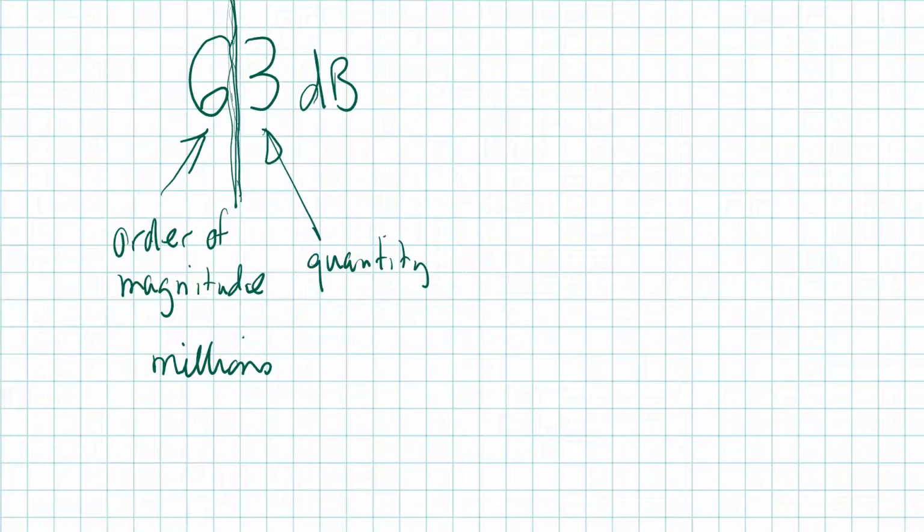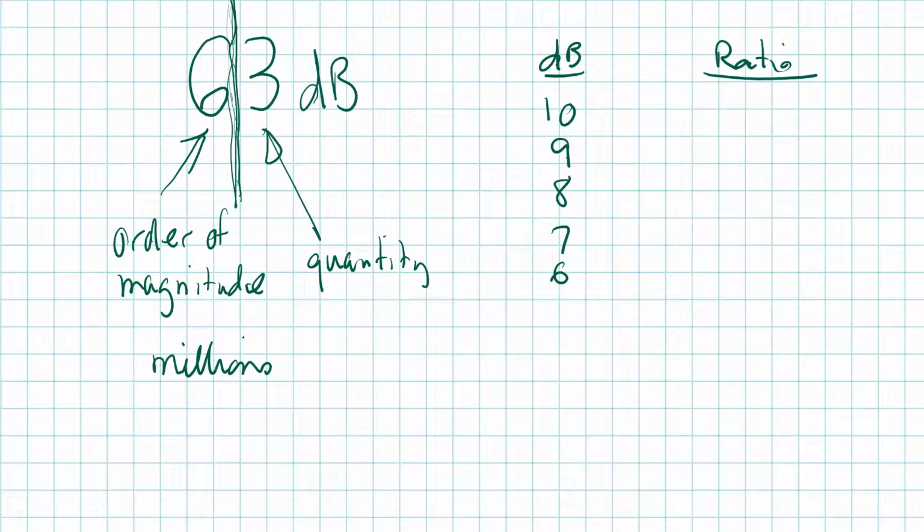So what we need to do is build ourselves a table of approximations going the other direction from dB back to the ratio world. And we can do sort of the same table that we did before, but this time with dBs listed out on the left, and we'll convert over to ratios.